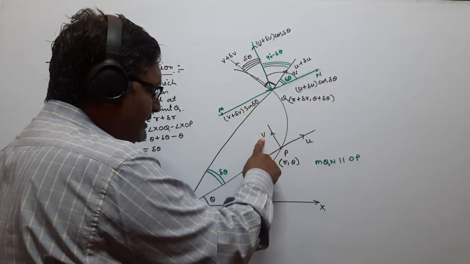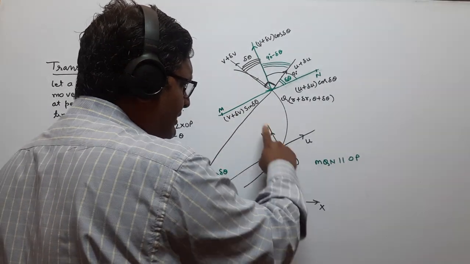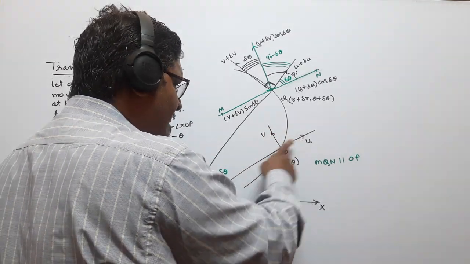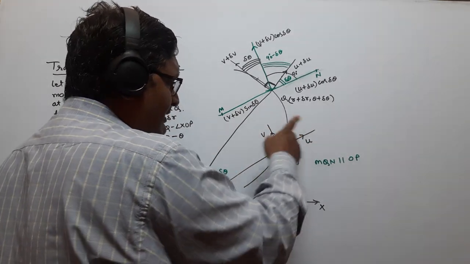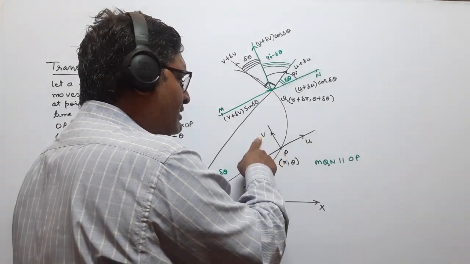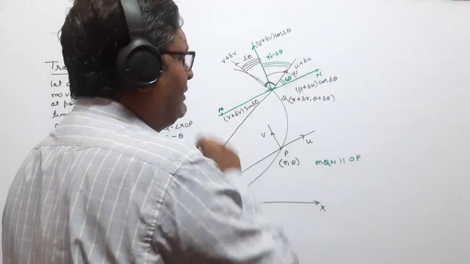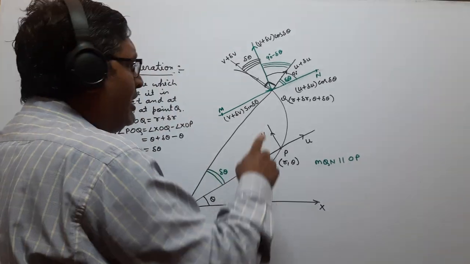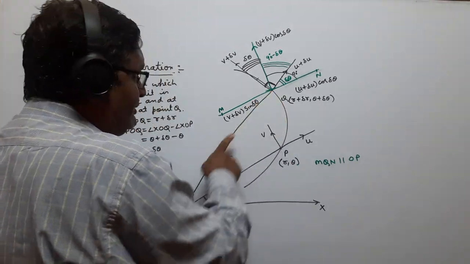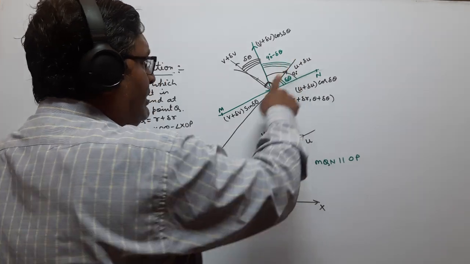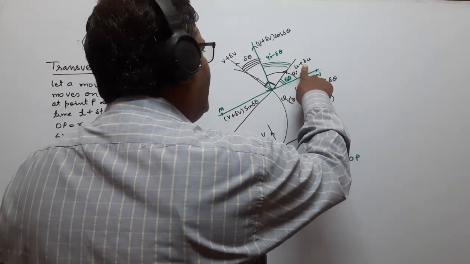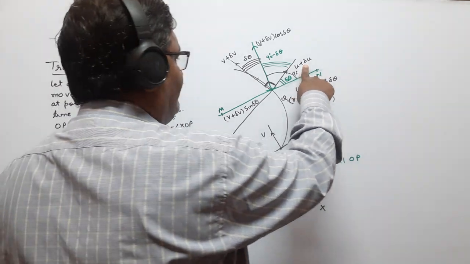So v is the transverse velocity at point P, which is perpendicular to the radius vector OP, and u is the velocity along the radius vector OP, the radial velocity. Now at point Q, the velocity along the radius vector OQ is u plus del u, and u plus del u is the radial velocity.